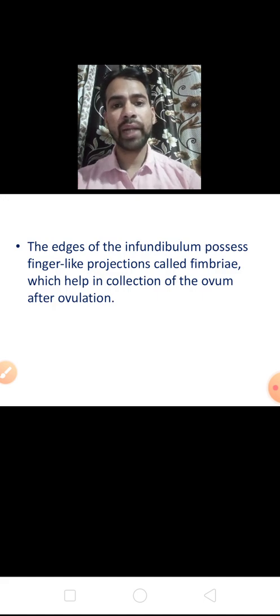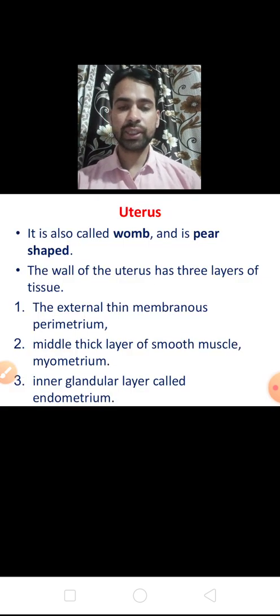It is about 10 to 12 centimeter long and it possesses a finger-like projection called fimbriae. The function of fimbriae is to help collect the ovum after ovulation.